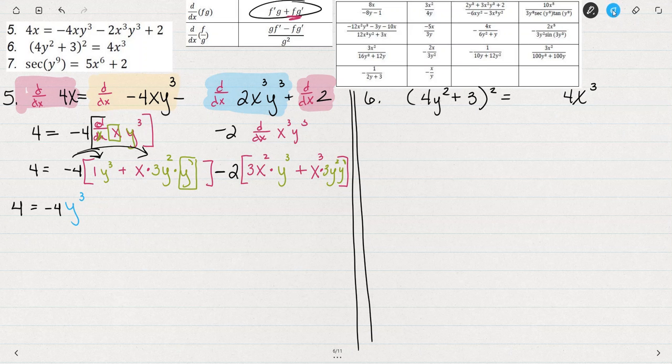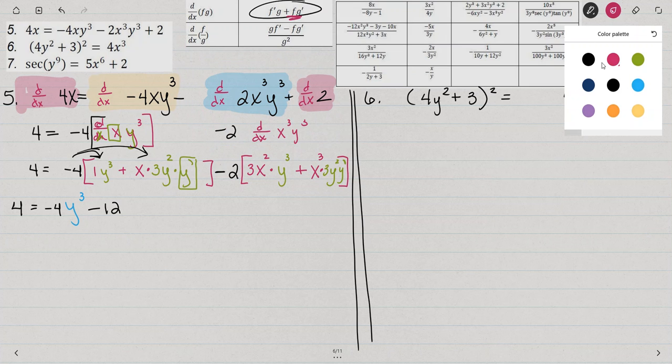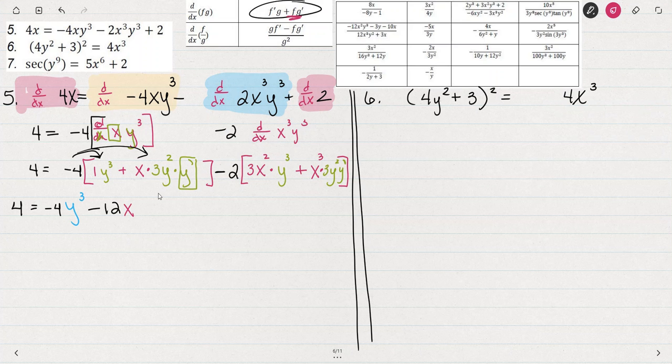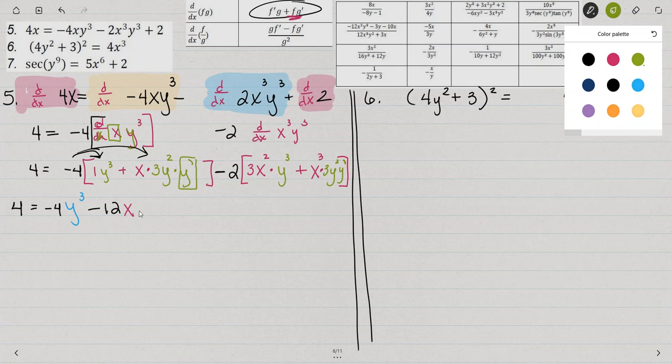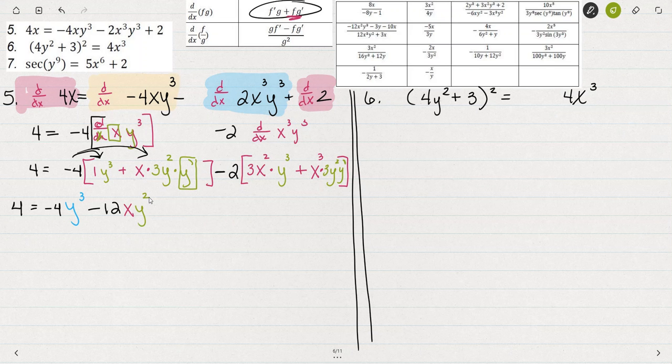I'm distributing the 4 to x 3y squared y prime. Negative 4 times 3 is negative 12 x y squared. And then I've got this times y prime.